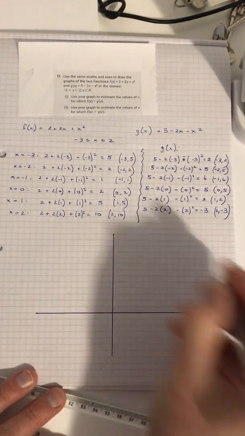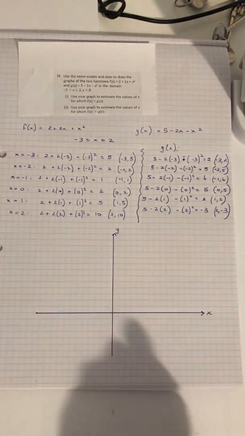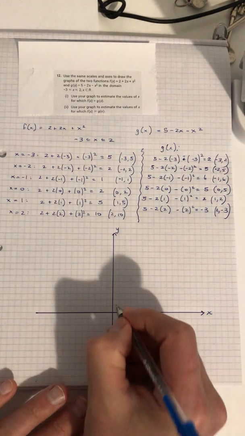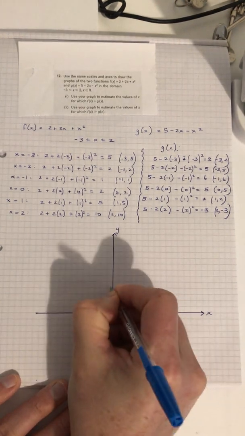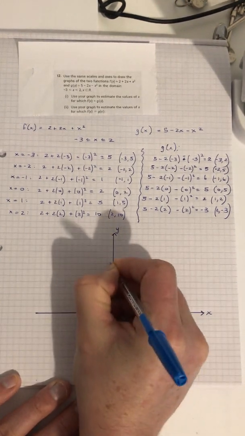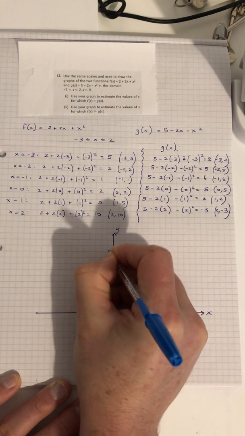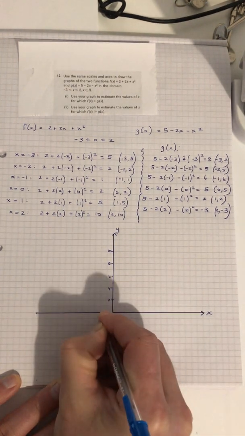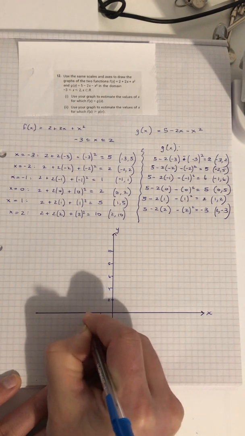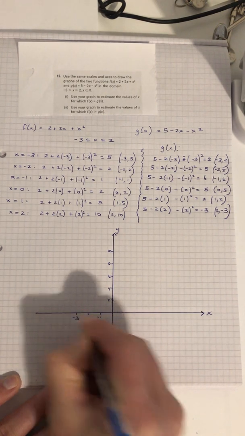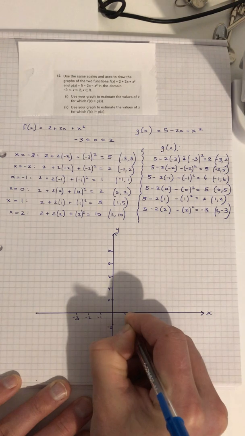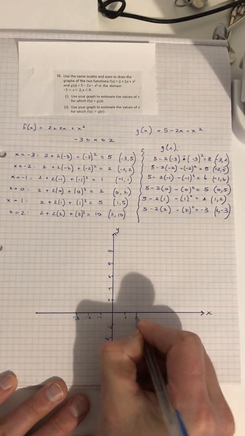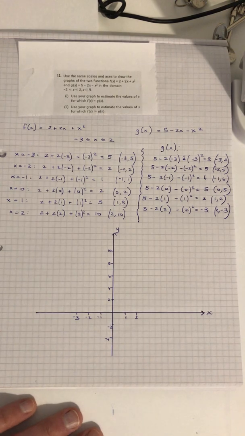You have your x-axis, your y-axis, always labelled. 2, 4, 6, 8, 10, minus 2 and minus 4. On the x-axis, minus 1, minus 2, minus 3, and 1. And finally, 2 on the y-axis.